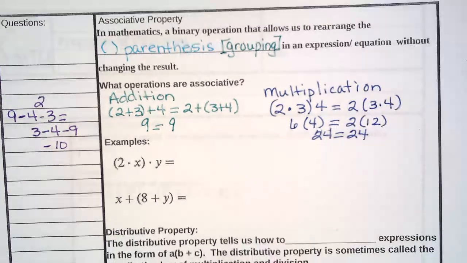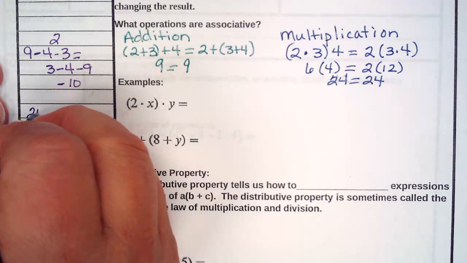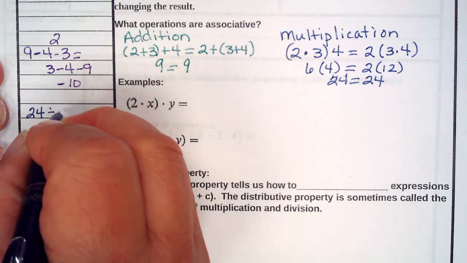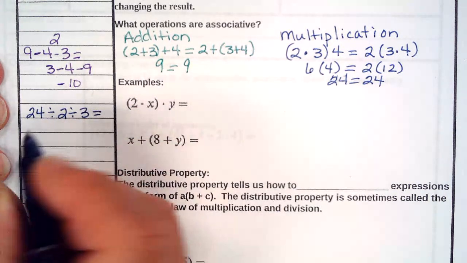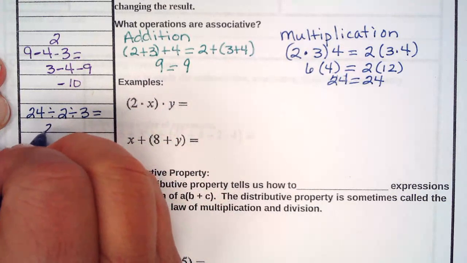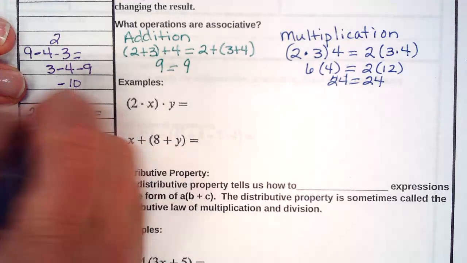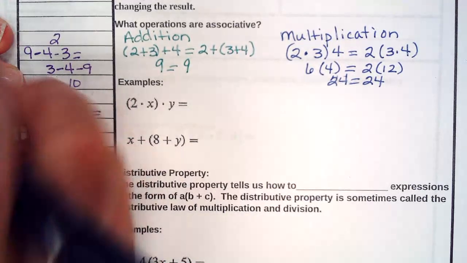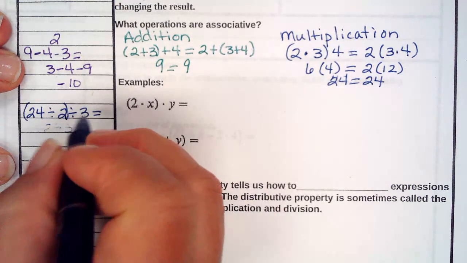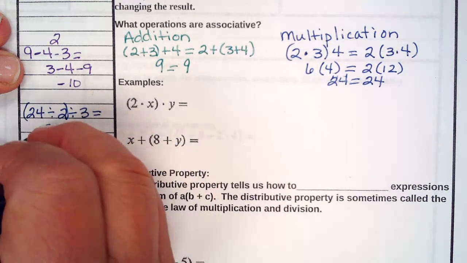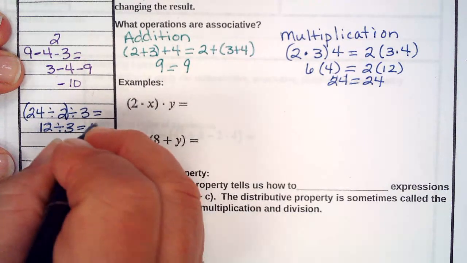What about for division? What if I have 24 divided by 2 divided by 3? Is that equal to 24 divided by 2 divided by 3, regrouped? So I'm going to take 24 and divide it by 2 and then divide it by 3. 24 divided by 2 is 12. 12 divided by 3 is 4.